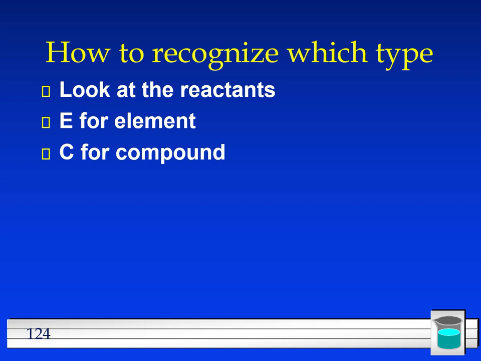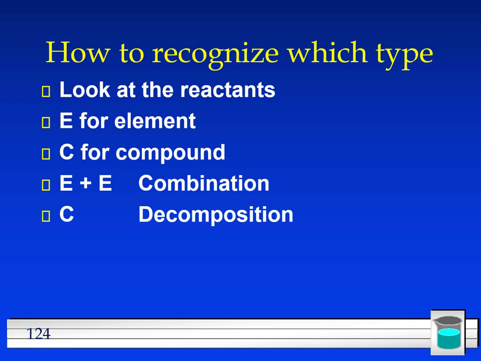So if my reactants are two elements, element plus element, that means separate pieces. Well, if I got separate pieces, the only way they can change is to come together and make one piece. So if you have two elements, the only way they can change is to come together and make a compound.